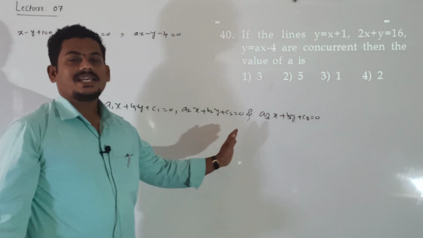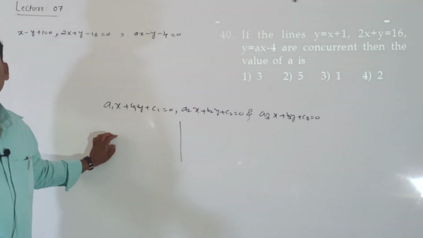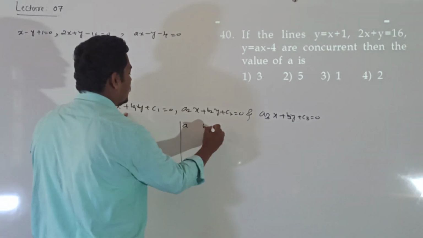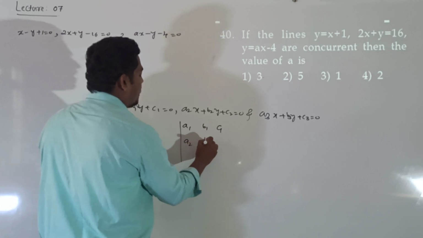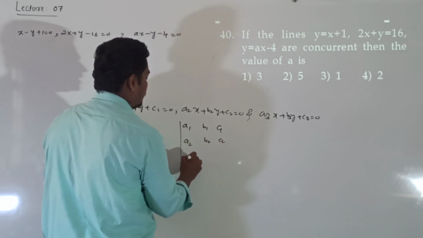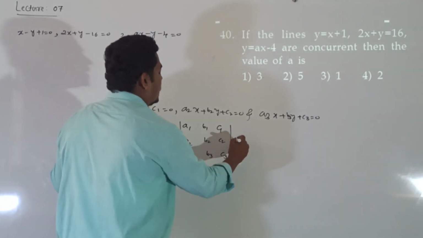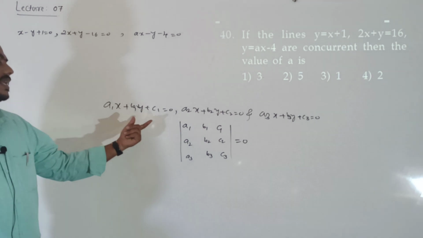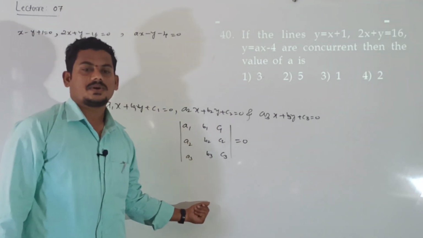are concurrent, then the determinant of their coefficients equals 0: the determinant with rows a1 b1 c1, a2 b2 c2, a3 b3 c3 equals 0.